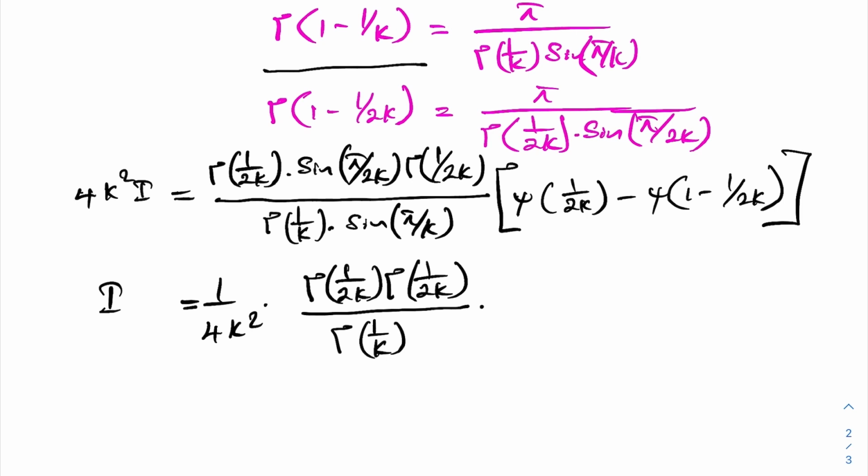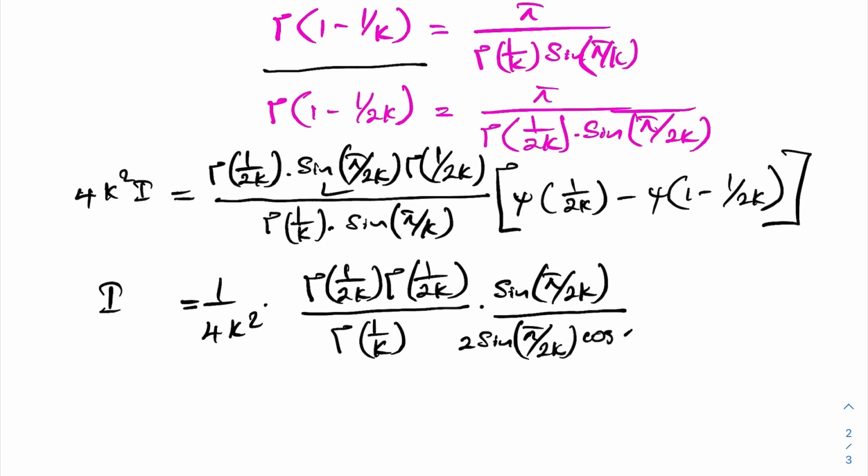Then here we have sine of pi over 2 times k over sine of pi over k. So we know the double angle formula. So here 2 times sine of pi over 2 times k cosine of pi over 2 times k.